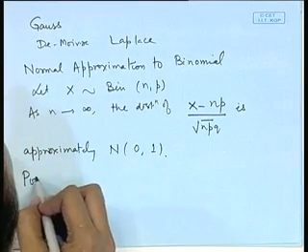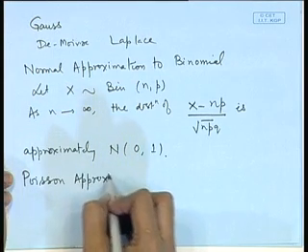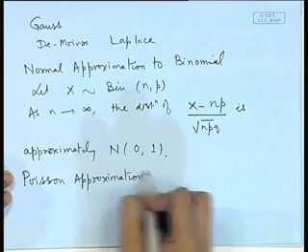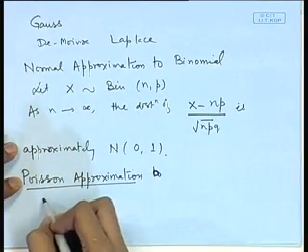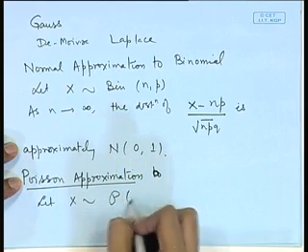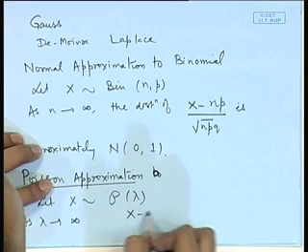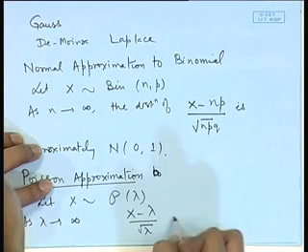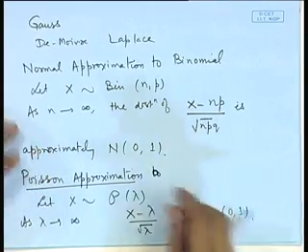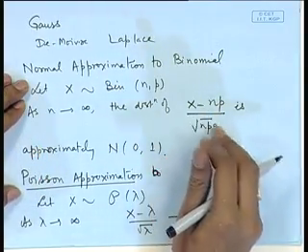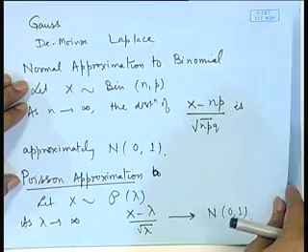Similarly, Poisson approximation to normal: let x follow Poisson lambda distribution. As lambda tends to infinity, x minus lambda by root lambda converges to normal 0, 1. Basically, these were the original central limit theorems. The modern versions are for any random variable x.